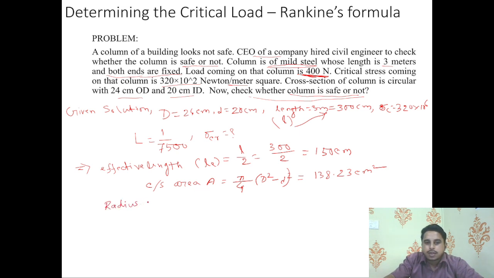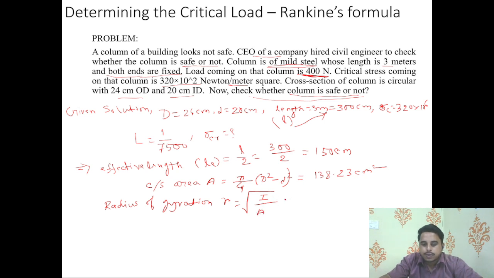Now we need the radius of gyration, which is denoted by r, and it is evaluated by the formula: square root of moment of inertia divided by cross sectional area.